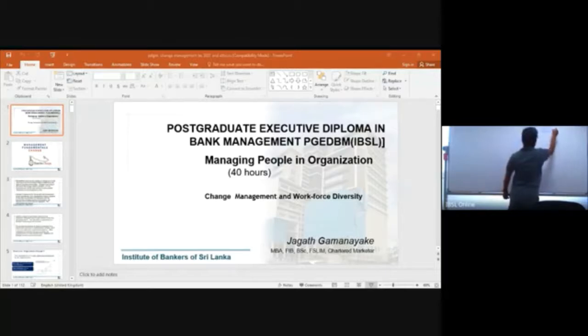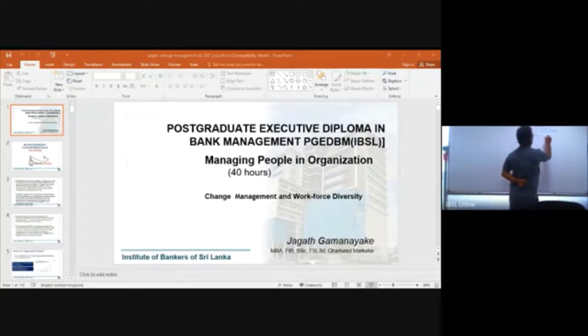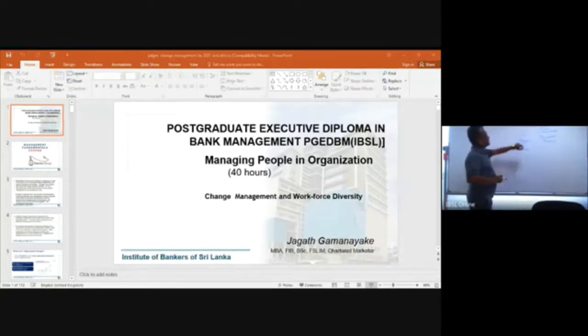Or another job factor for resistance to change may be fear of demotion or reduced pay. So these are the three reasons which contribute to job factors, which ultimately cause resistance to change: fear of technological unemployment, fear of changes to working conditions, and fear of demotion or reduced pay.